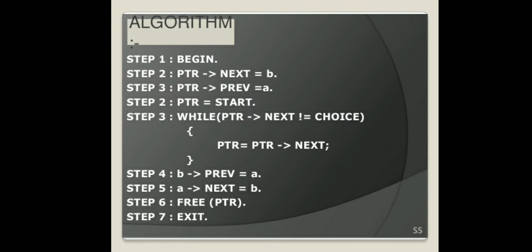The algorithm: step 1 begin, step 2 ptr equal to start, step 3 while ptr of next not equal to choice, then ptr will be ptr of next, step 4 B of previous equal to A, step 5 A of next equal to B, free that pointer, then exit.